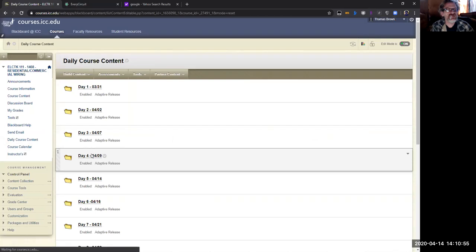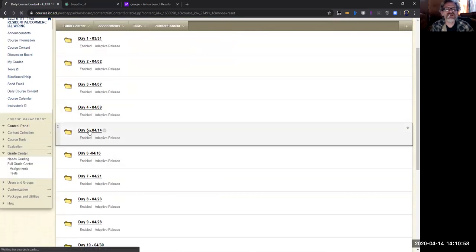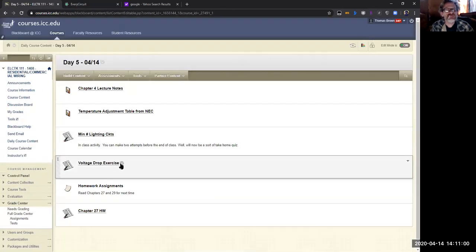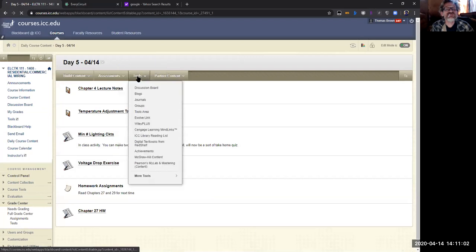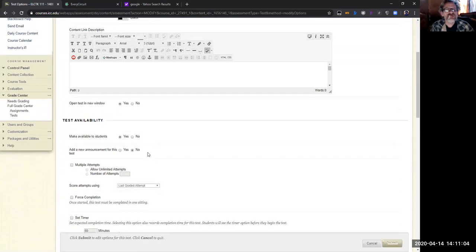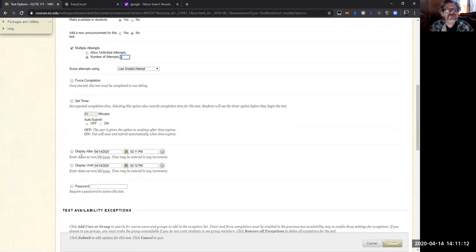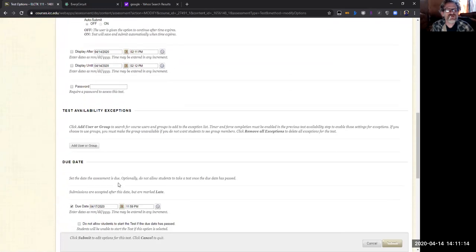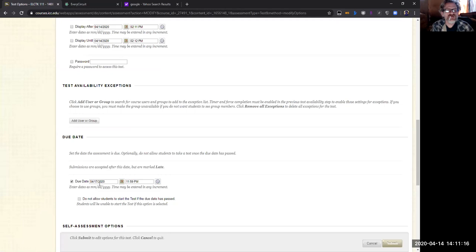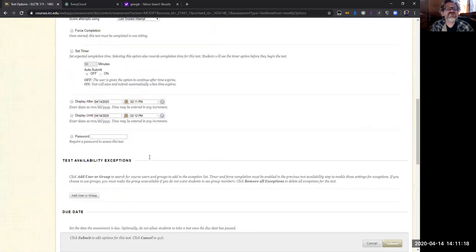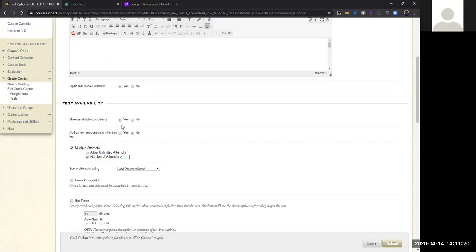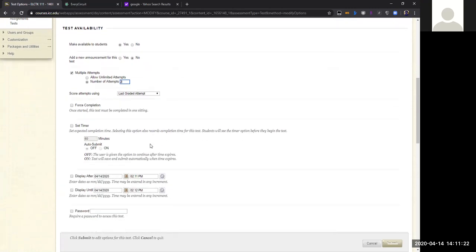Okay, hold on. Well, let's take a look at why. Make available. A couple of tabs. Display. Due date. That's really weird.